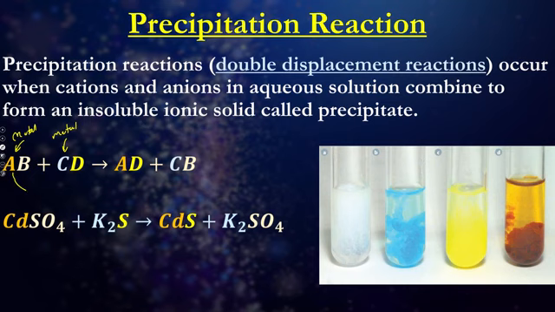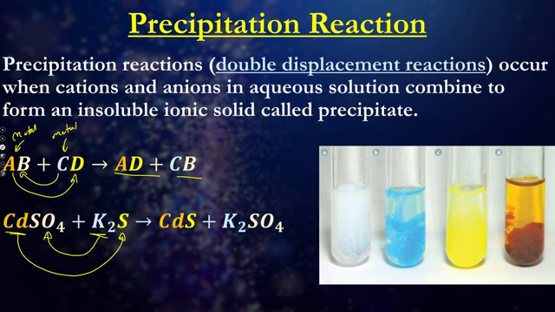A will swap over its non-metal partner with another non-metal D, and C will swap with its non-metal partner and bond with B. In this example, cadmium will move over to bond with sulfur, and potassium will move over to bond with sulfate. It's really critical that you remember the charge numbers of each of these elements when you are changing it up. If you get the charge number wrong, you write the wrong formula and you won't get the right relationship.